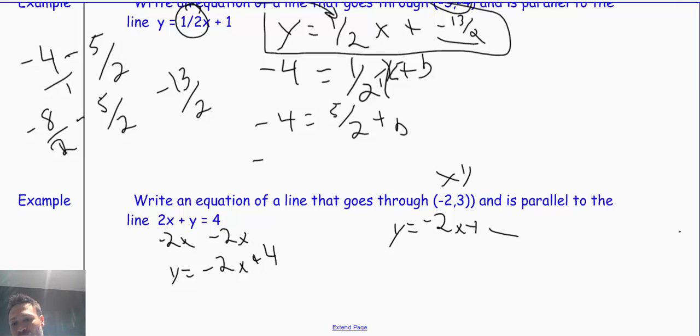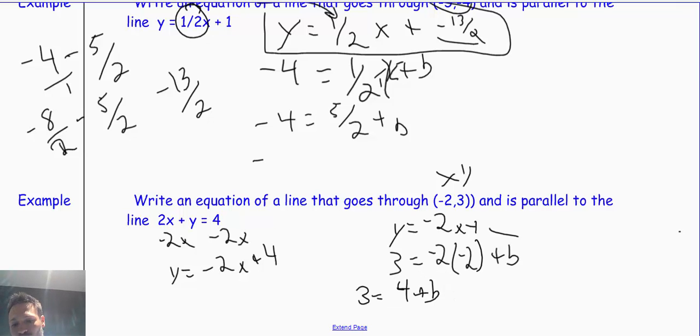Okay? So that means my 3 goes here, that's my y value, -2 times -2, and I'm solving that for b, plus b. Okay? So 3 is then equal to +4, because I have a negative times a negative, plus b.